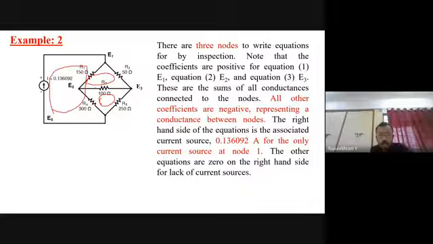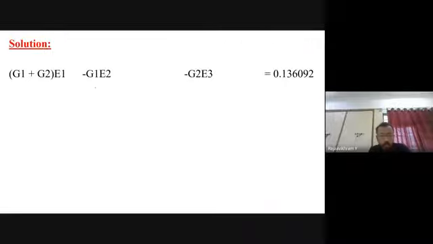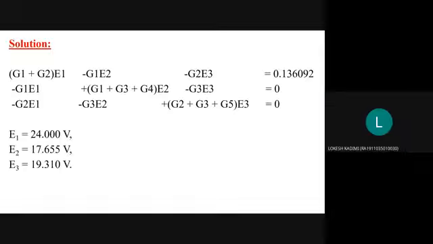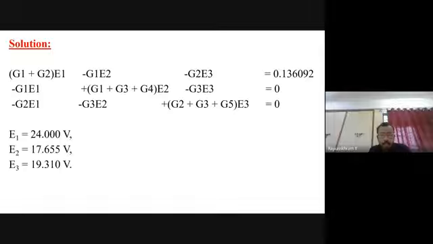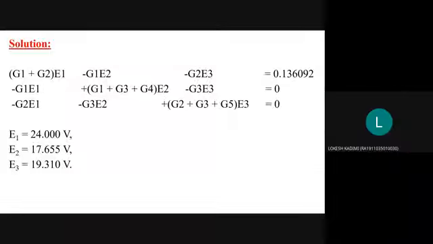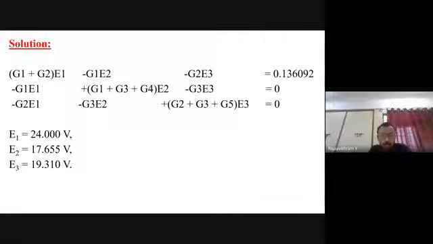We are solving this problem by converting the resistance into conductance, then only we can find the voltage and the current. G represents the conductance, so we are not considering the resistance. G equals 1 by R, the reciprocal of resistance is conductance. Based on the conductance values we solved this problem. Then using the calculator to solve the simultaneous equations, we get the values of E1, E2, and E3.